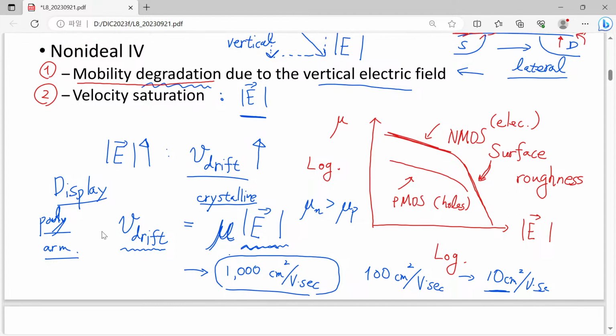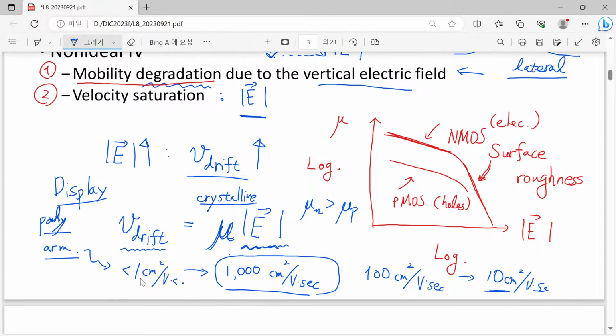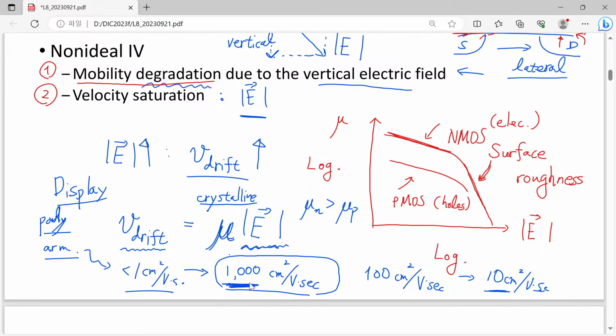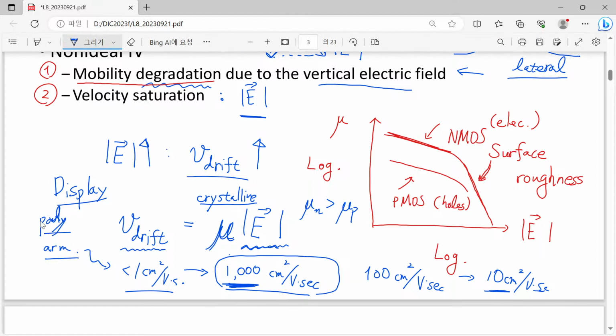Amorphous silicon has mobility values even lower than 1 square centimeter per volt-second, so much lower than this value. So you can easily understand this value is not as high as the III-V materials, but it is quite good compared with the other ones. Please note this one.